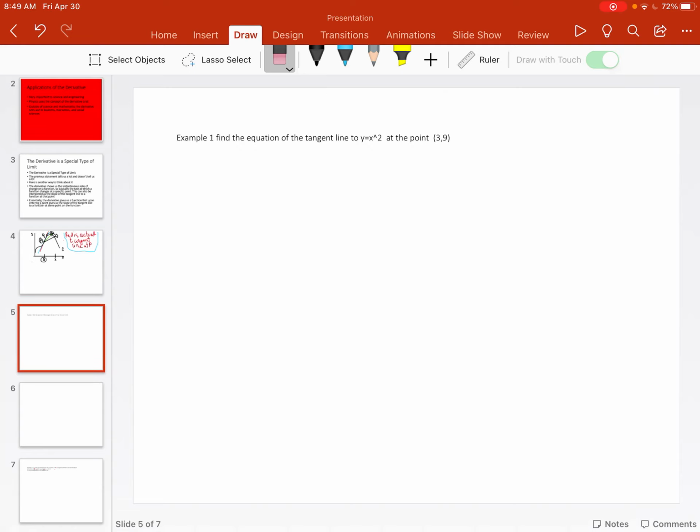Okay, example 1. Find the equation of the tangent line to the function y equals x squared at the point 3, 9. So what do we do? Well, let's write down that equation that we found. The slope at a point on a function is equal to the limit as x approaches a of f of x minus f of a all over x minus a.